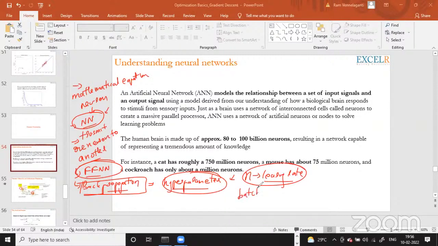Batch size is also a form of hyperparameter; you can decide what your batch size should be. There are multiple hyperparameters you can use when working on neural networks. All these topics we are going to discuss in our next session.